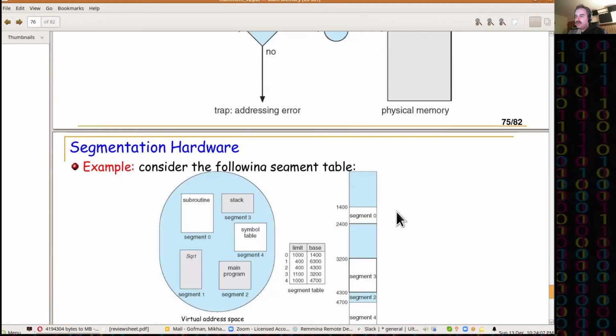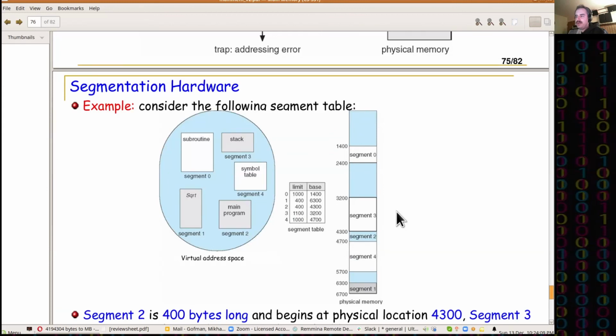Let's take a look at an example to get a better idea. Here is a program which has 5 segments. Each segment has a number from 0 to 4. And this is our segment table, which maps the virtual segments to the physical memory. And here is our physical memory and where each respective segment is stored.